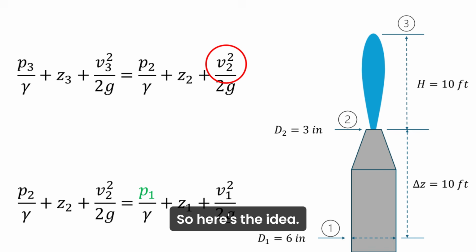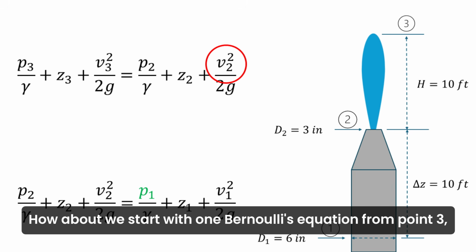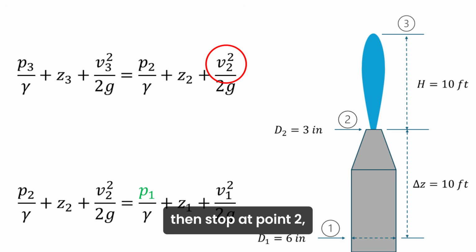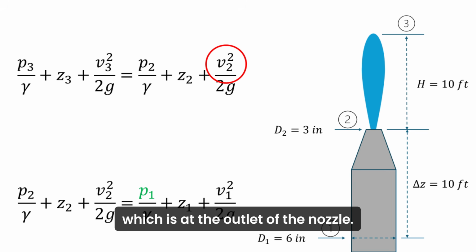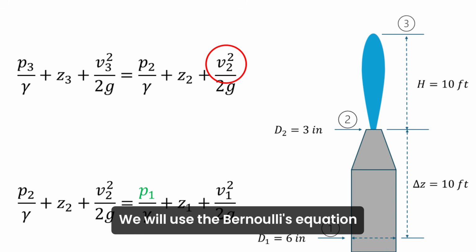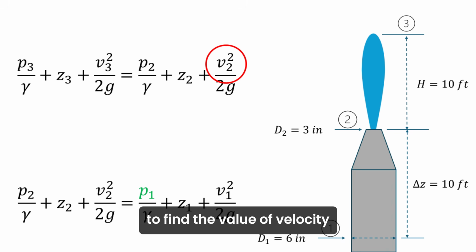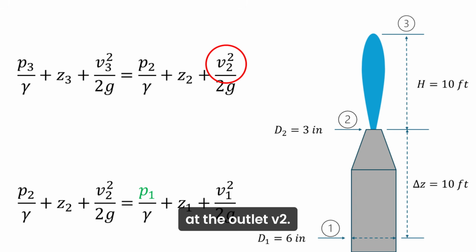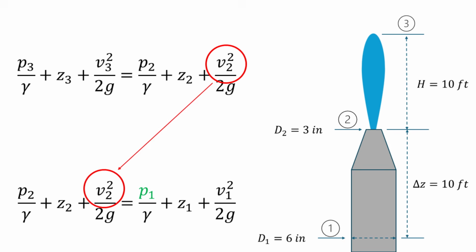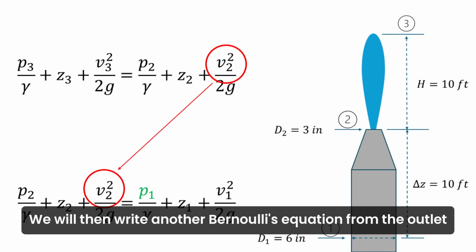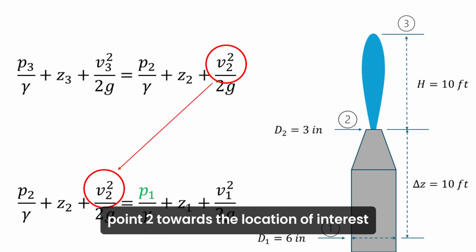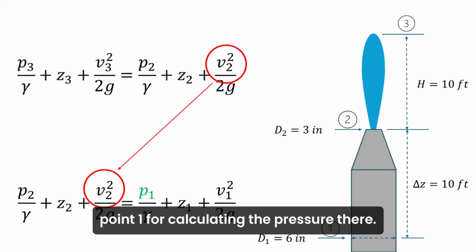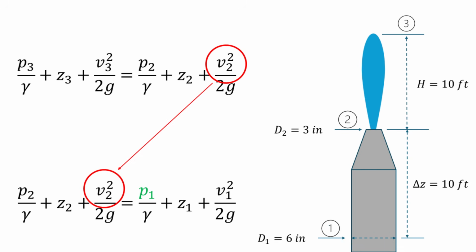So here's the idea. How about we start with one Bernoulli's equation from point 3, then stop at point 2, which is at the outlet of the nozzle. We will use Bernoulli's equation to find the velocity at the outlet, V2. We will then write another Bernoulli's equation from the outlet, point 2, towards the location of interest, point 1, for calculating the pressure there.